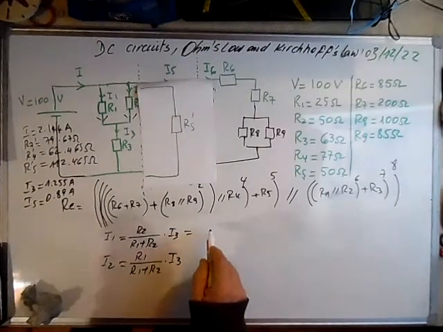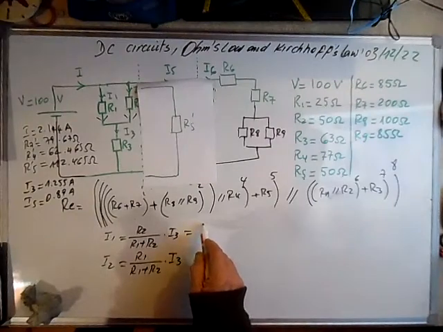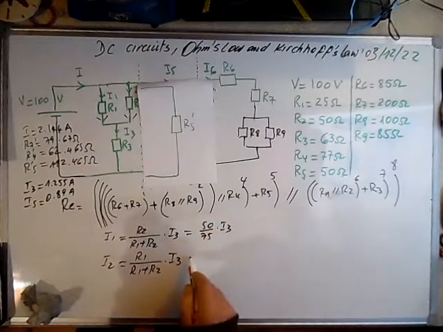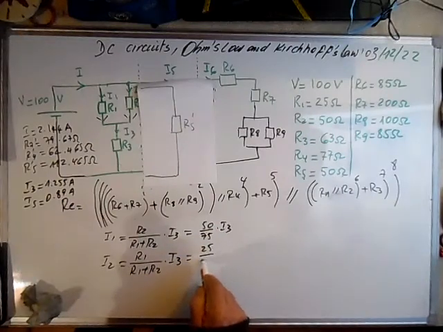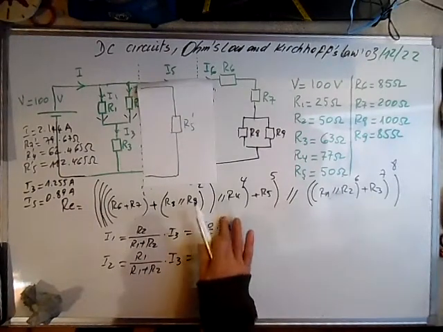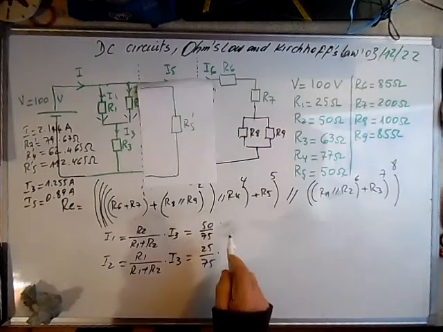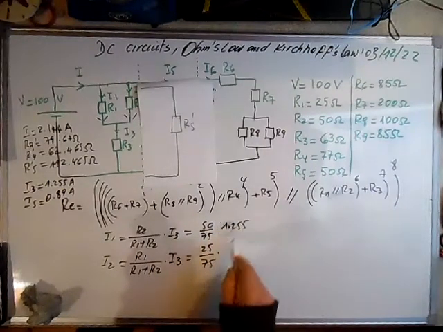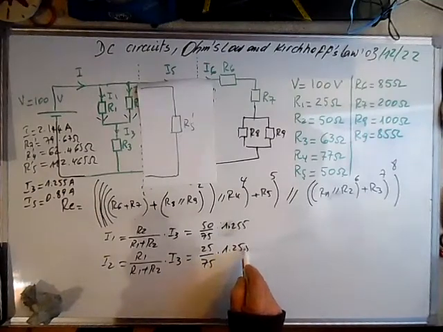R2 is 250 over the sum times I3, and here is 25 over 75 times I3, which is equal to 1.255.